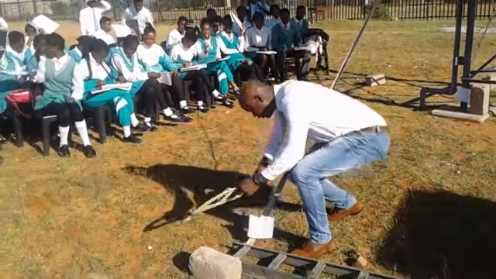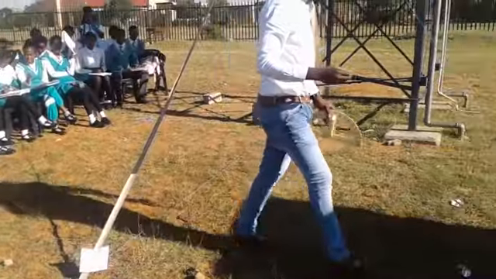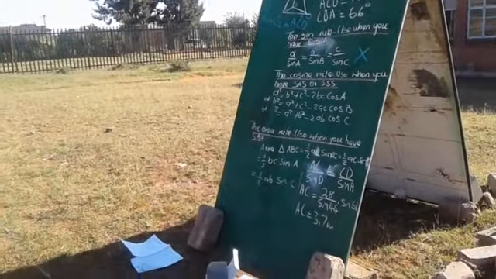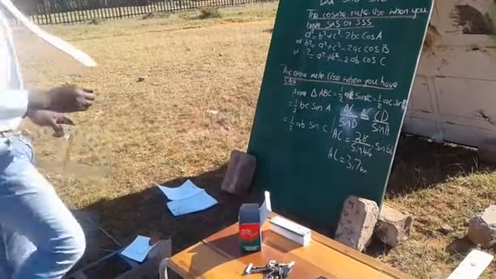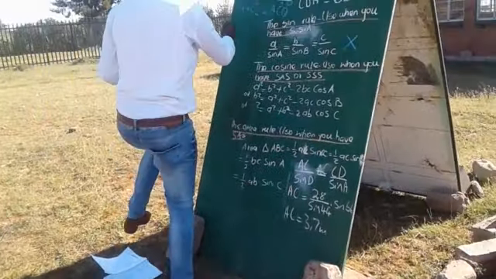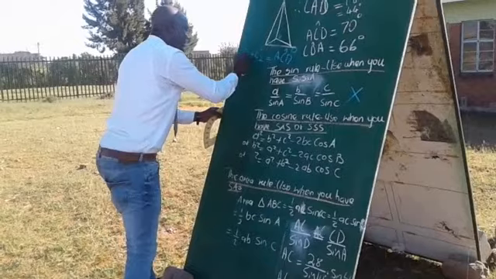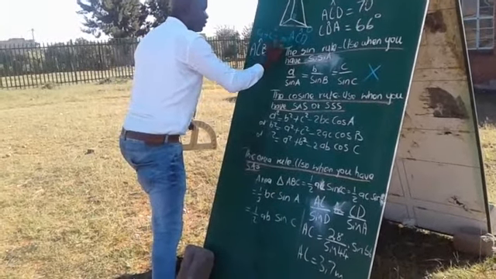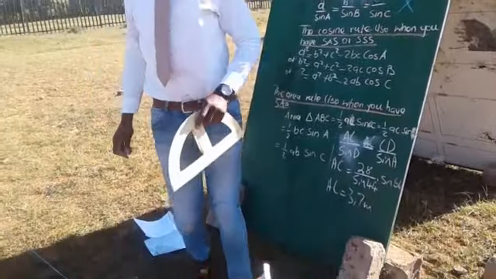So it equals 45. What angle is this? Angle ACB. Angle ACB equals 45 degrees. Yes. Right.